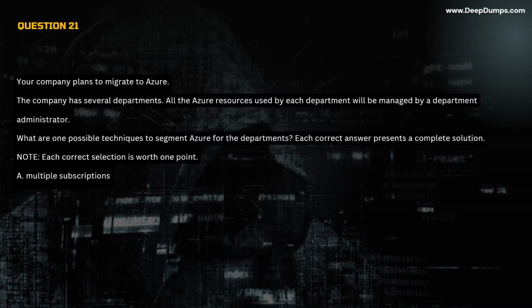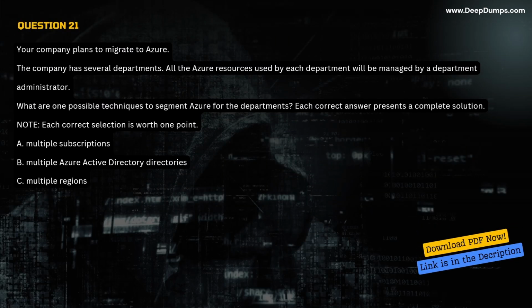Question 21. Your company plans to migrate to Azure. The company has several departments. All the Azure resources used by each department will be managed by a department administrator. What are possible techniques to segment Azure for the departments? Each correct answer presents a complete solution. Note: each correct selection is worth 1 point. A. Multiple subscriptions.